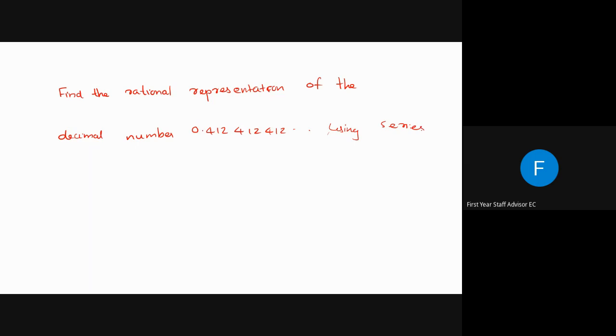Find the rational representation of the same type of problem: representation of the decimal number 0.412 412 412, etc. using series.